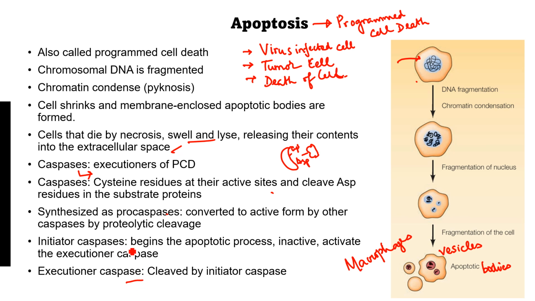Initiator caspases begin the apoptotic process. They remain inactive, and what they do is activate the executioner caspase, and this executioner caspase will then act downstream to activate the target protein molecules.